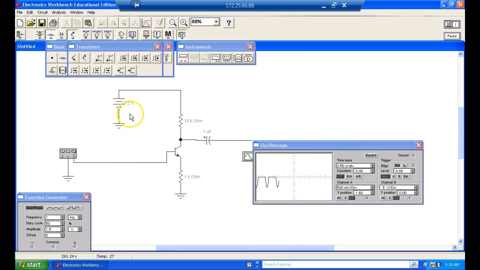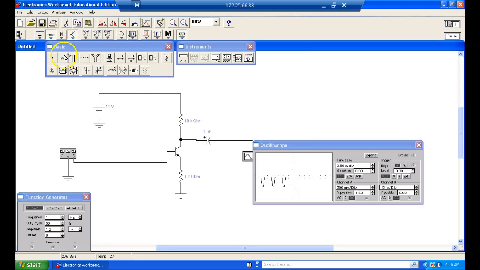So what I'm going to do is we'll have to add a second power supply. I think this is going to work, guys. I didn't have time to prove it.